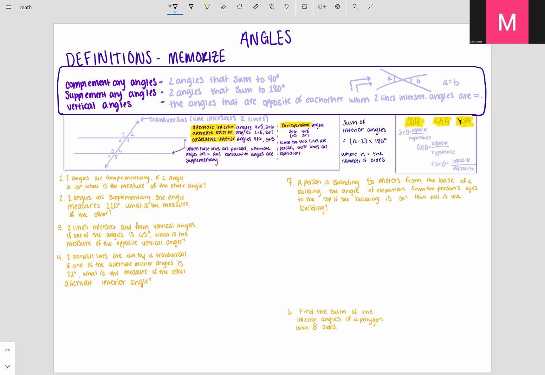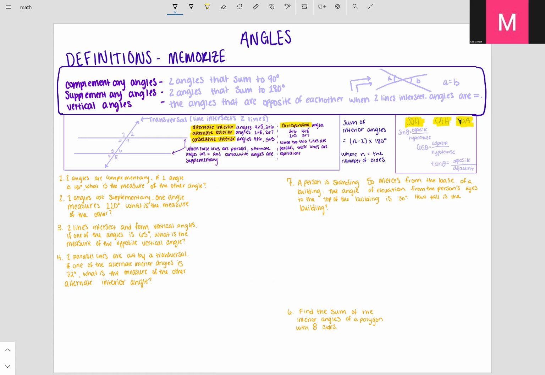And consecutive interior angles, like 4 and 6, and 3 and 5, will add up to 180 degrees. But our alternate interior and alternate exterior angles, again, these will be equal.